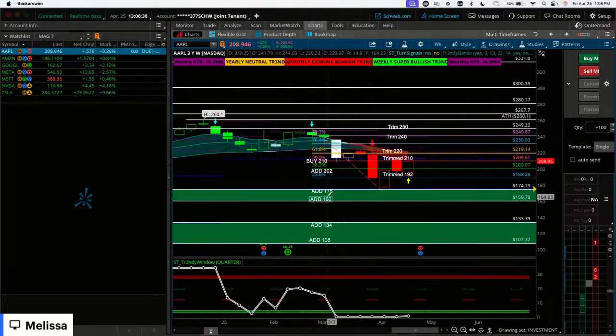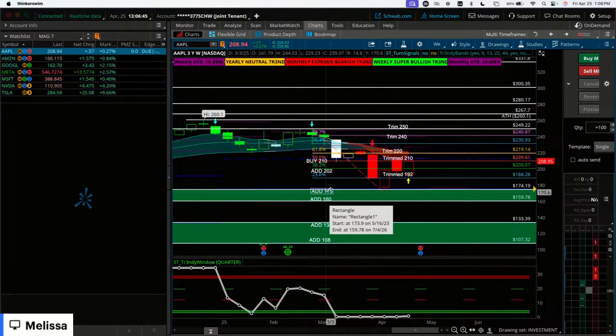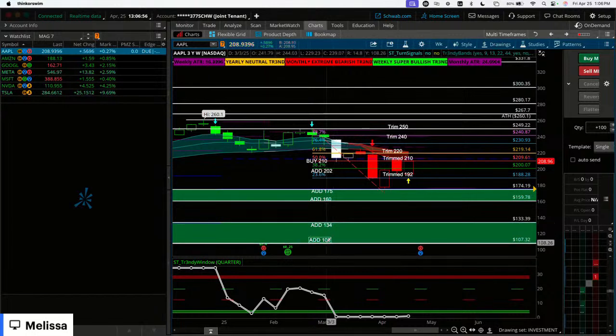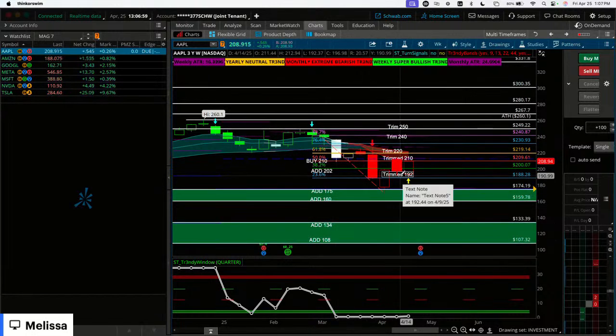So for Apple, my last area that I added equity was at 175. The last three areas that would be a buy again for me is 160, 134, and 108. Now, as price moves up, I'm not just holding on to these shares, I am actively trading them.